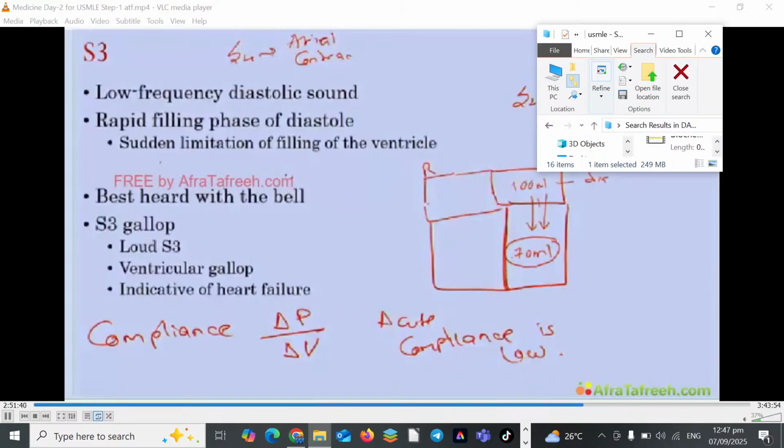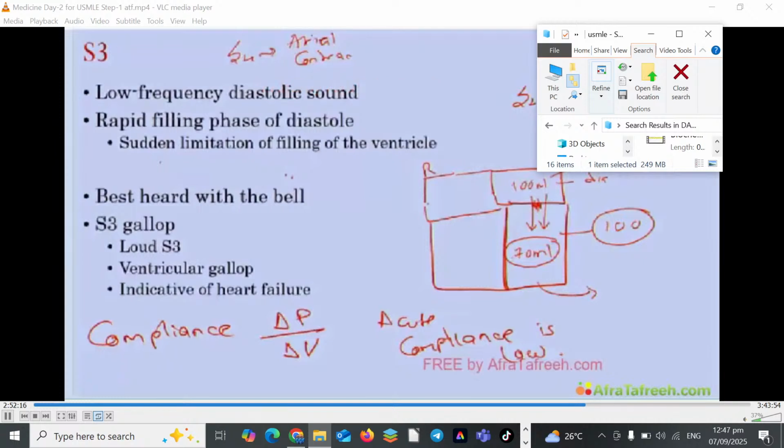Supposedly there is a rupture of the mitral valve resulting in acute mitral regurgitation. So what happens is, the ventricle starts to contract. It tries to put out this 70 ml, but some of it goes back inside the atria, and the atrial volume from 100 becomes 130. Then instead of 70 ml, it tries to push in 100 ml. But the ventricle is non-compliant. It cannot take more than 70 ml. It is meant for 70 ml.